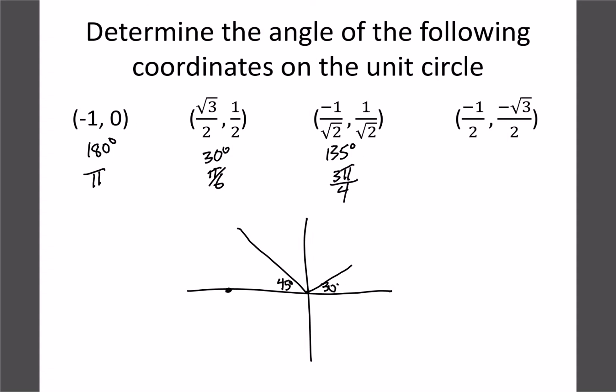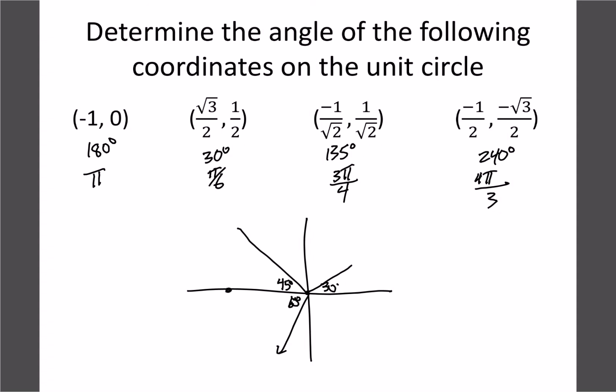And our last one is negative 1/2 and negative root 3 over 2, so that would be down here in 60 degrees. So that would be 180 plus 60, which is 240 degrees, or as pi by 3, that would be 4/3, so 4 pi by 3.